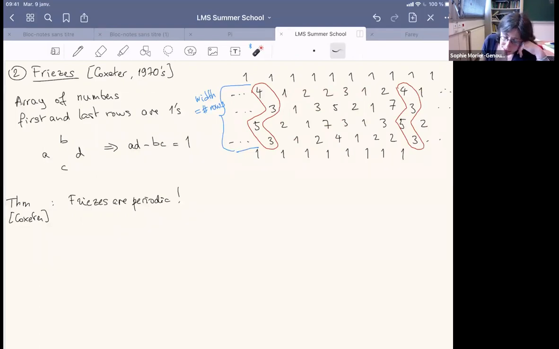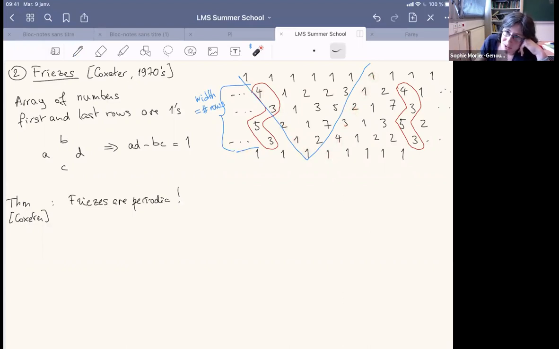And it's actually better than that, because there is what we call the glide symmetry. If I extract this triangle, what you can see is that the values that I have here, 1, 4, 3, 2, 1, 1, they repeat here, but after a flip, 1, 4, 3, 2, 1, 1.